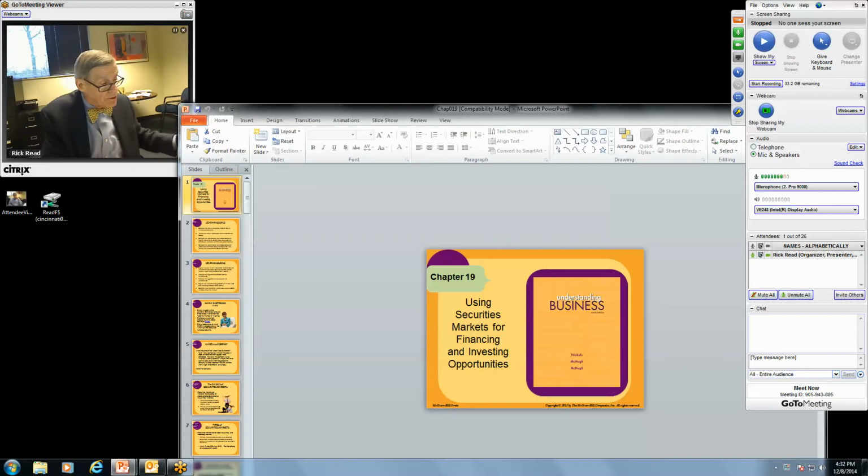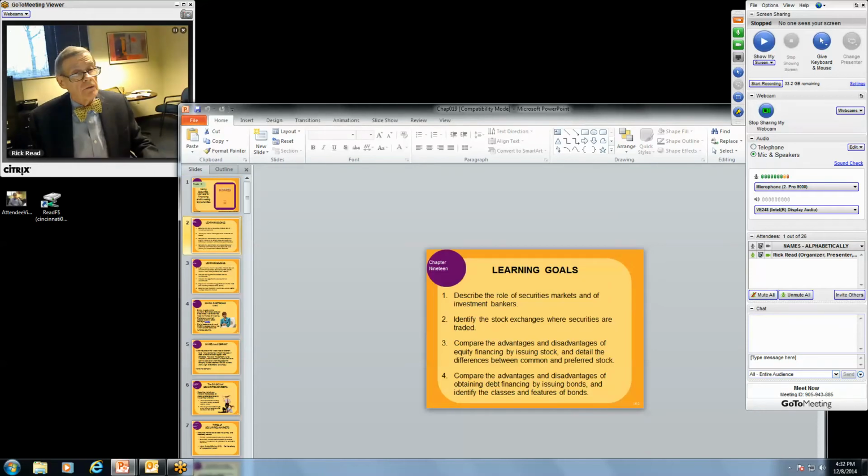And then we're going to discuss chapter 20, always a favorite topic for everyone, especially students: money, financial institutions, and the Federal Reserve. And then next week we will cover 3 bonus chapters: chapter A, chapter C, and chapter D, those bonus chapters. And I'll give you more information about that a little bit later.